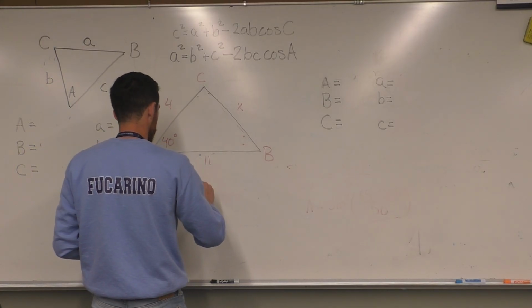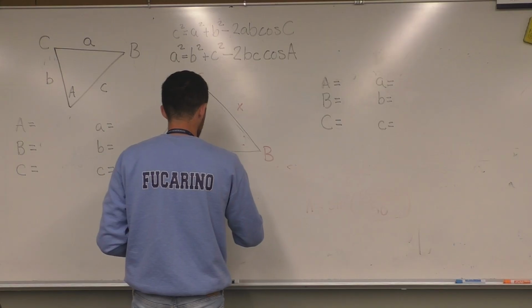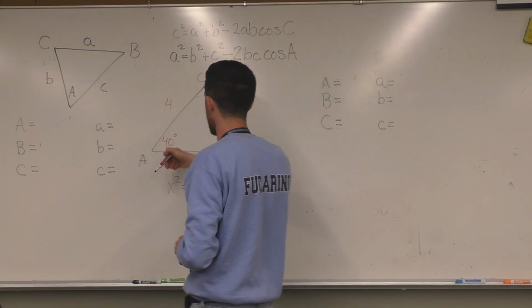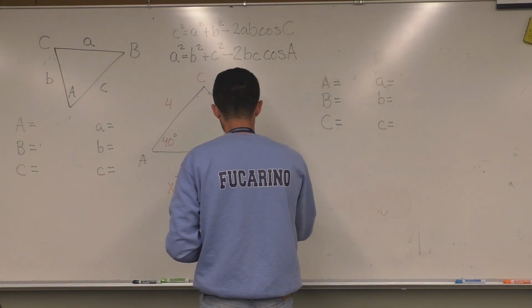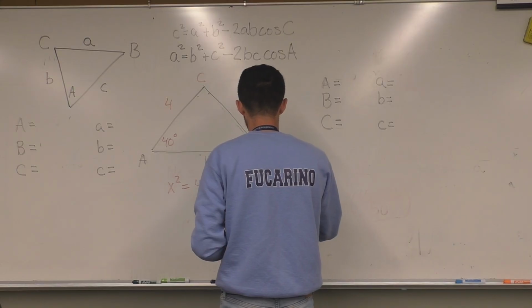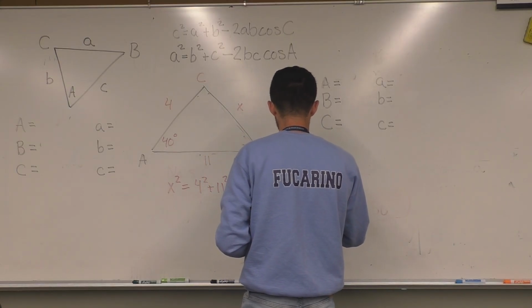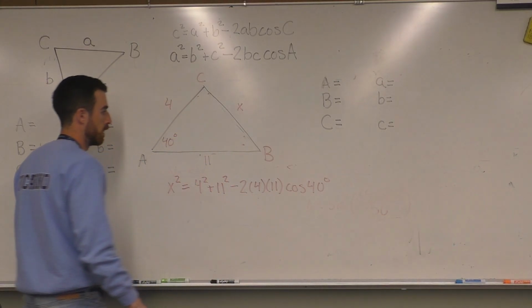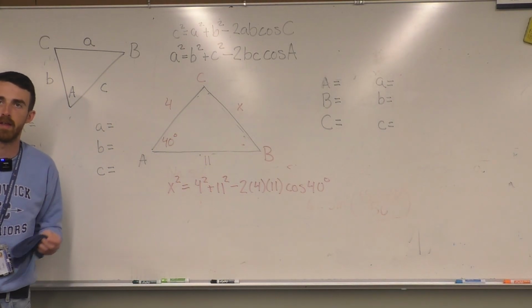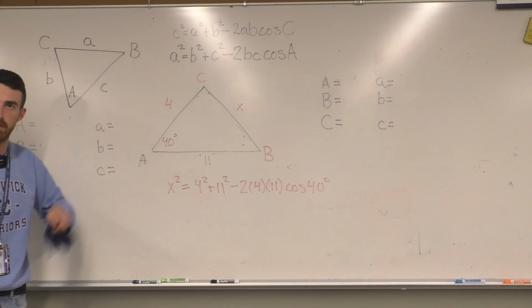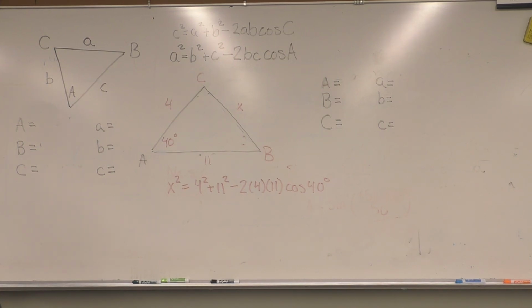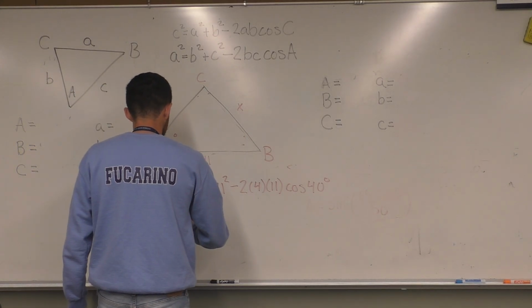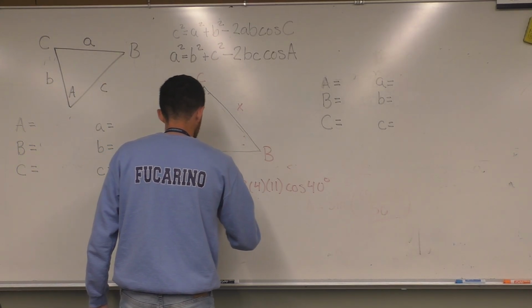X squared is equal to 4 squared plus 11 squared, the two sides that enclose the included angle, minus 2 times 4 times 11 times the cosine of the included angle. Included means it's in between. Maybe you didn't know that when I've been saying it. The included angle, not just say it's included in the problem. Right? And so because I know everything on the right side, I could isolate very easily. I just take the square root.